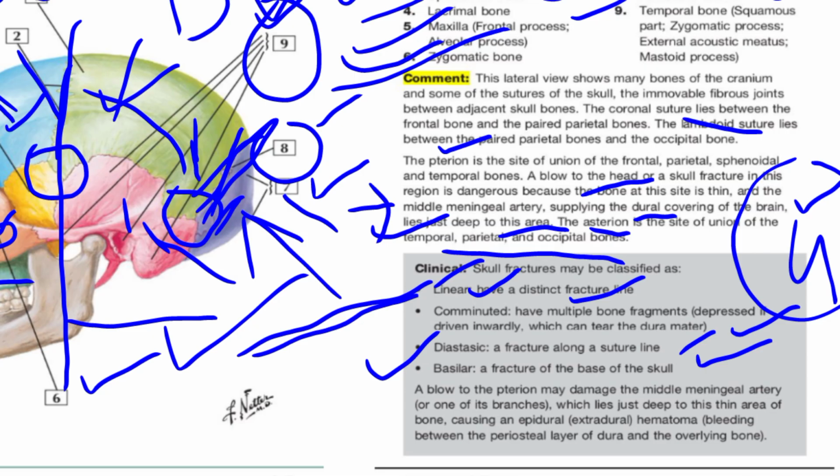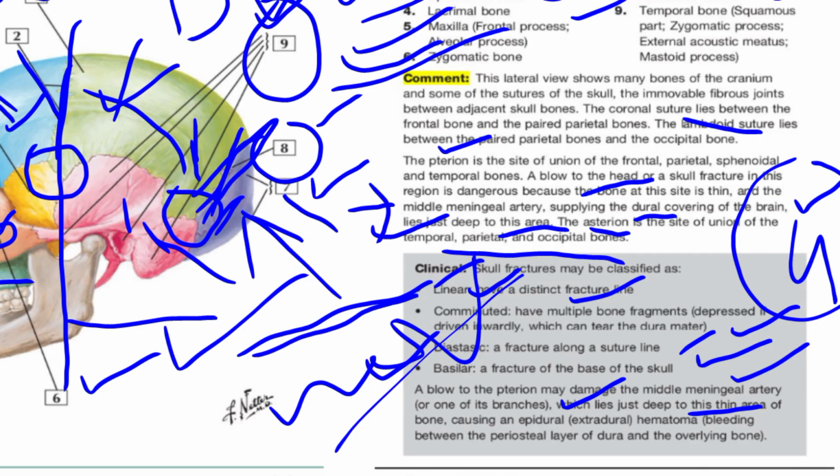A blow or any kind of tear at the pterion may damage the middle meningeal artery, I told you before, or one of its branches, which lie just deep to this thin area of the bone, causing an epidural or extradural hematoma. This is very important from the MCQ point of view.